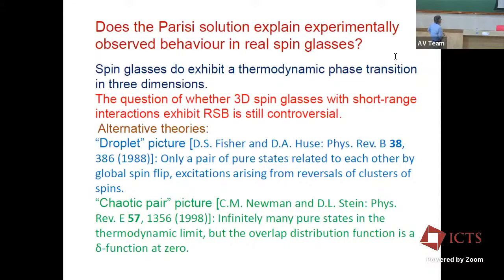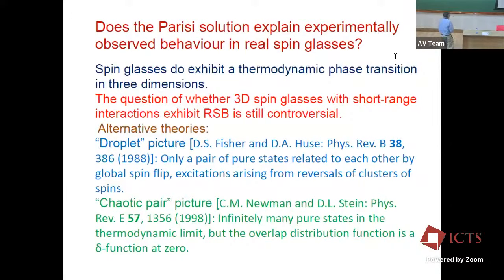In 2 dimensions, the general belief is that there is no finite temperature phase transition. 2-dimensional spin glass models with short range interactions are similar to the 1D Ising model in the sense that there's a correlation length which diverges at 0 temperature. So it's sometimes called a 0 temperature transition. At low temperatures, you see some signatures of this correlation length becoming large as one is approaching T equals 0.